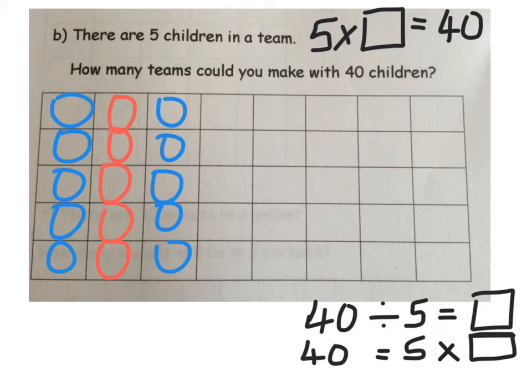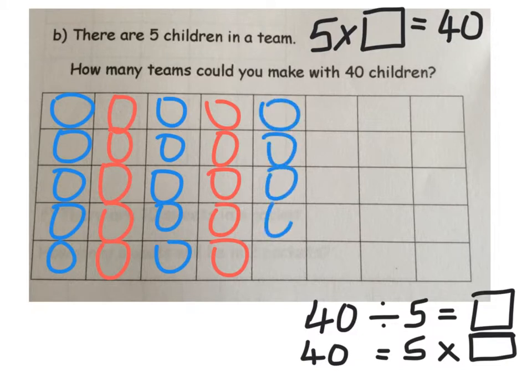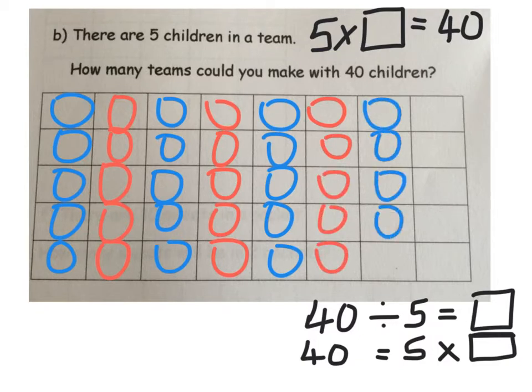So that's 5, 10, 15, 20, 25, 30, 35, 40.